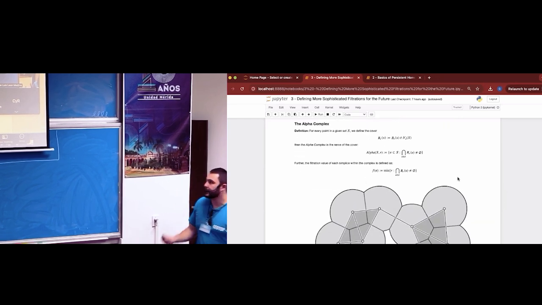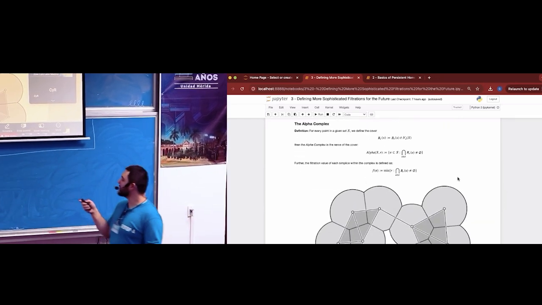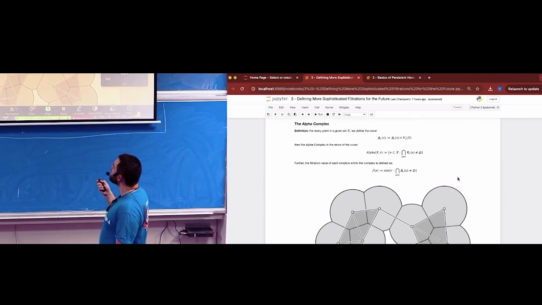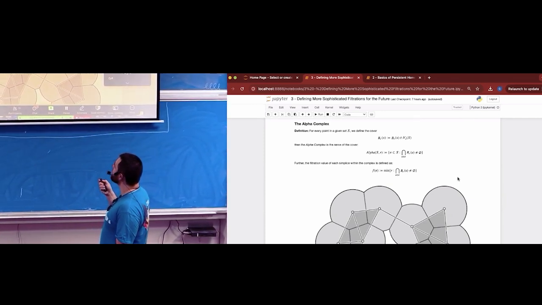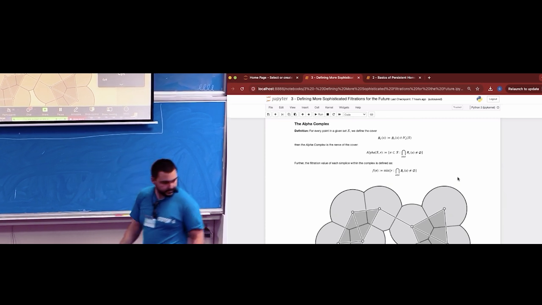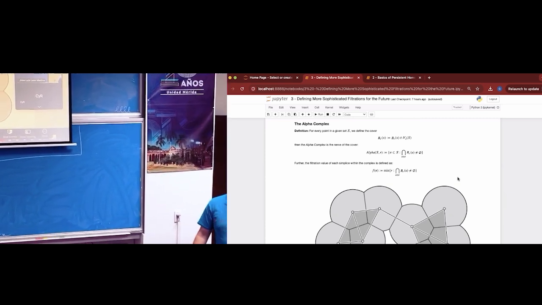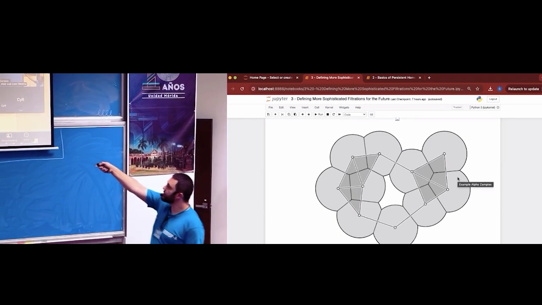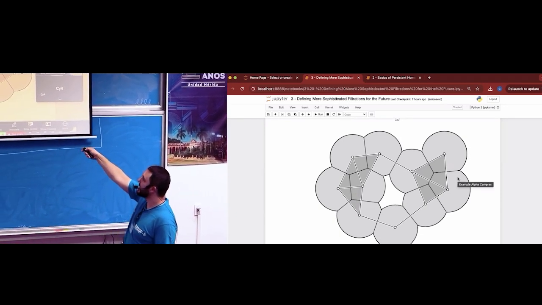Moving on to the alpha complex, for every point in a given set S, we define the cover. So we define some supported balls: we take every point x, we put a ball around it, and then we intersect that with all the points within our Voronoi cell. Visually, it looks something like this. Notice that we have a Voronoi cell, and we kind of cut it off at the radius.